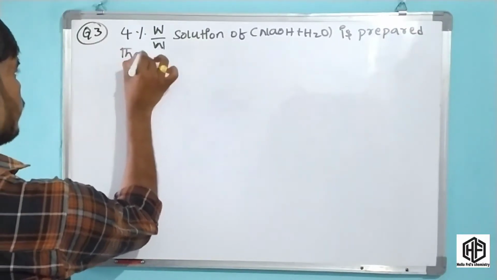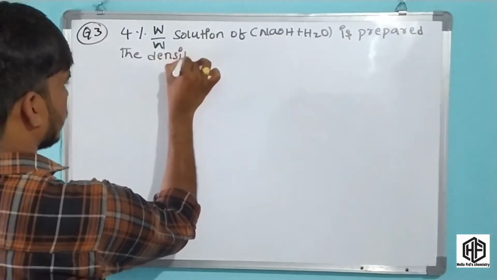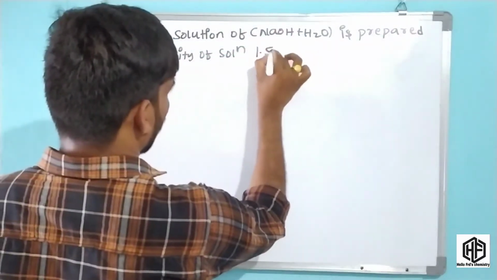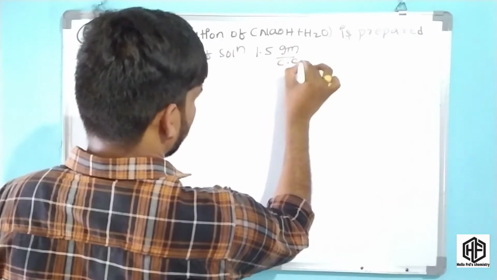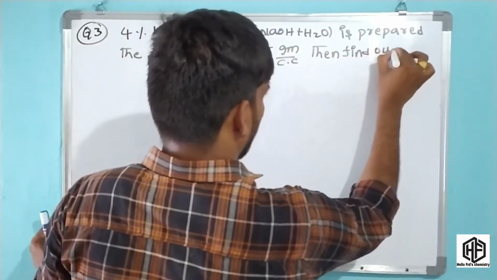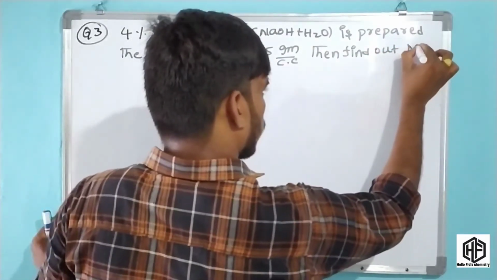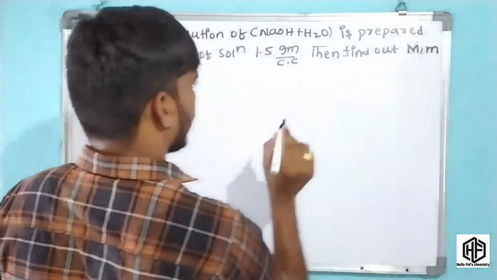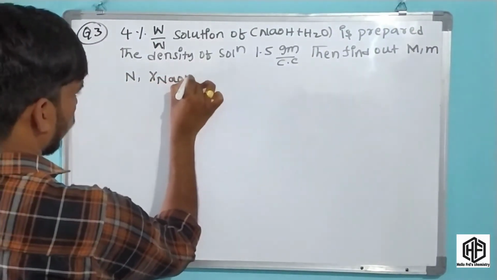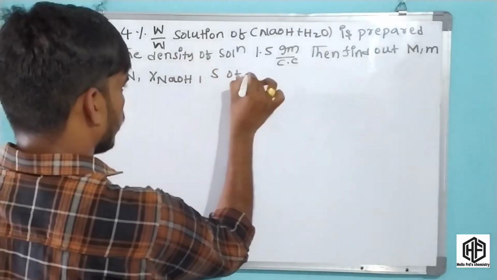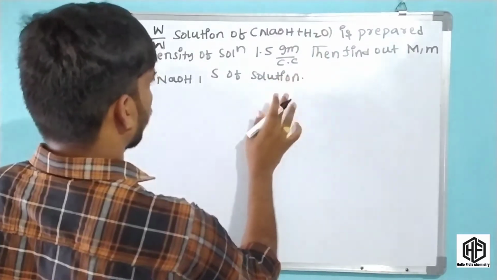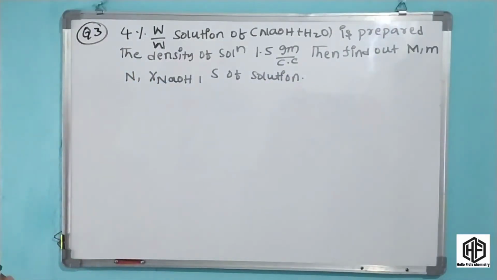The density of the solution is 1.5 grams per cc. Then find out the molarity, molality, normality, mole fraction of NaOH, and strength of the solution. Okay friends, this is very important. This type of question is asked in competitive exams.